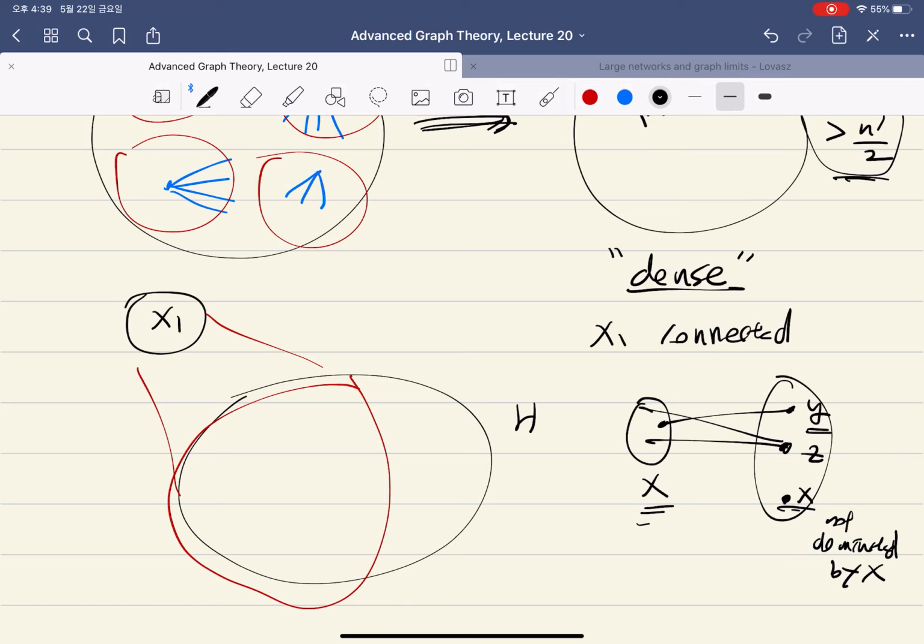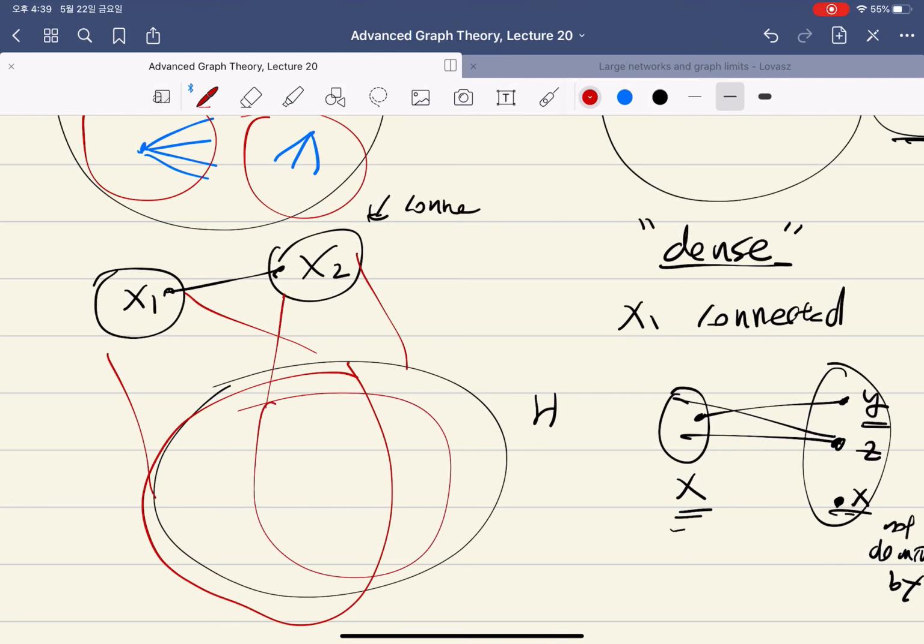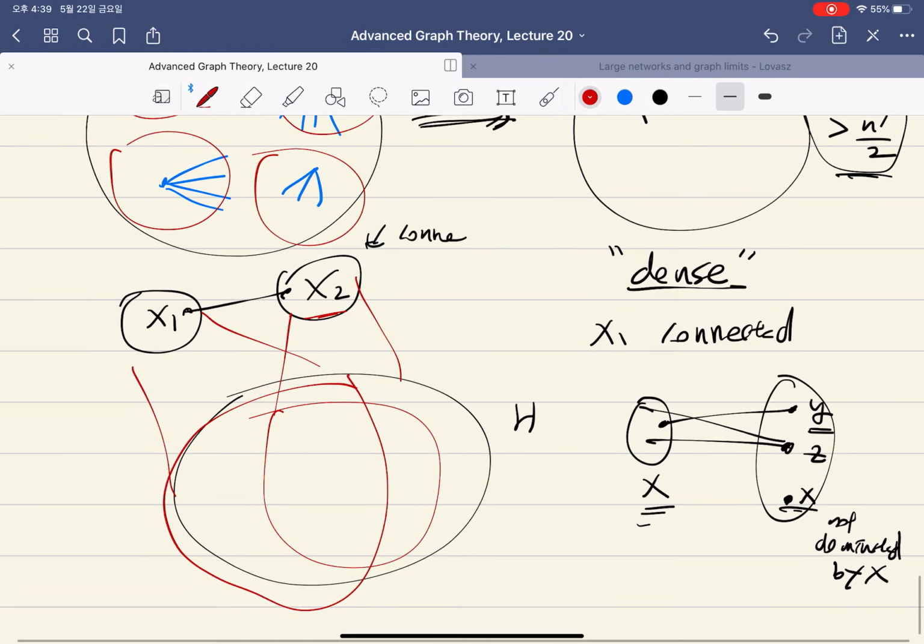Then we want to take X2, which has an edge to X1 and forms a connected subgraph. There is an edge between them, and each of them is connected. Again, this dominates a lot of vertices. We can take out this X2 because X1 is already dominating lots of vertices.